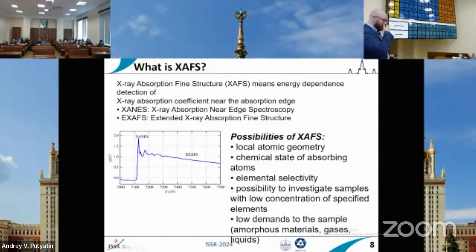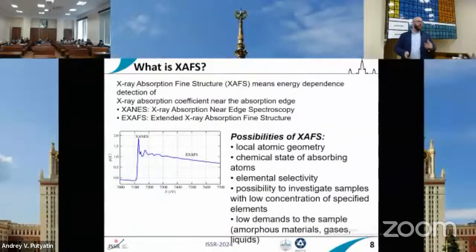So let's go further. Again, the local structure of our central atom. It is first of all the chemical state, that means the oxidation state of our atom. It is the number of surrounding atoms.